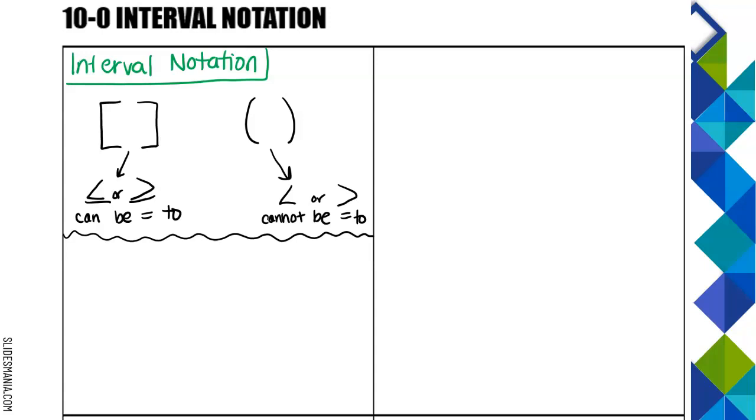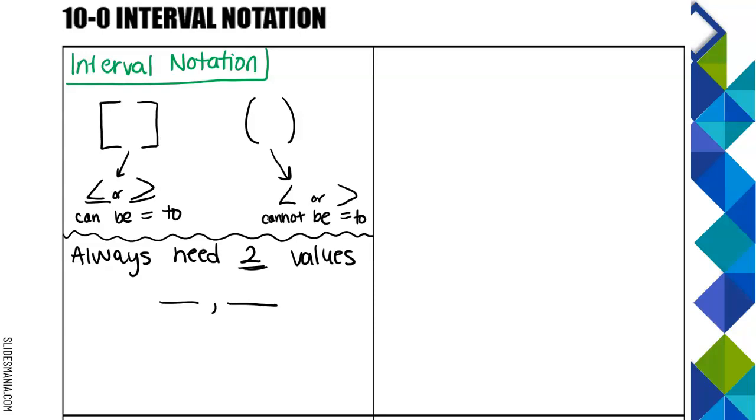Okay, the other thing about interval notation is you always need two values. Again, it kind of looks like a point. The two values that you use will be separated with a comma, and around them you'll have the brackets or the parentheses.